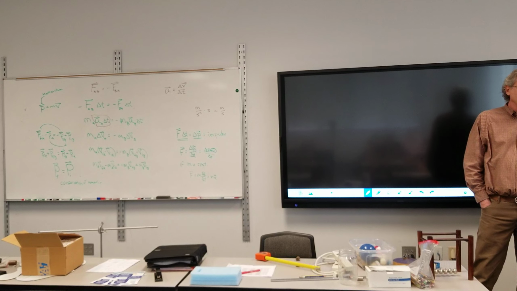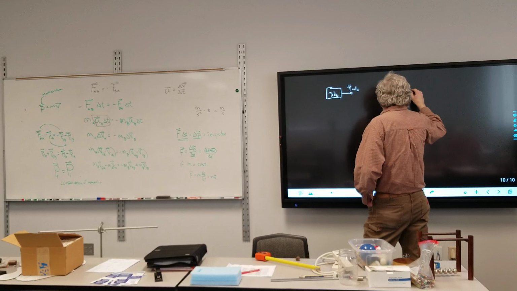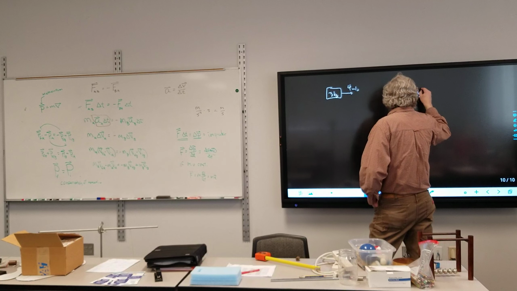For example, I'll take a 3 kilogram mass going to the right at 4 meters per second. I'll take a 2 kilogram mass going to the left at 5 meters per second. They're going to collide and stick together.